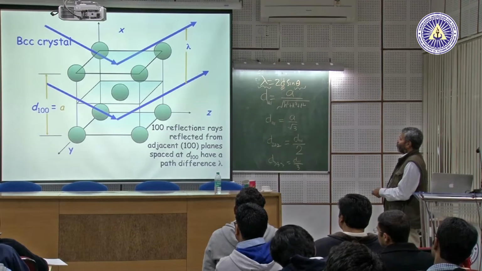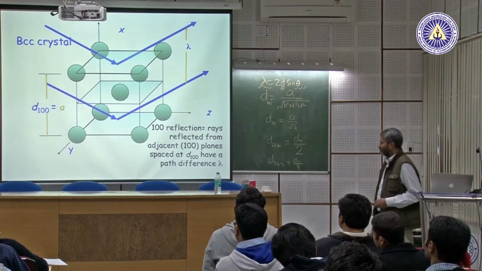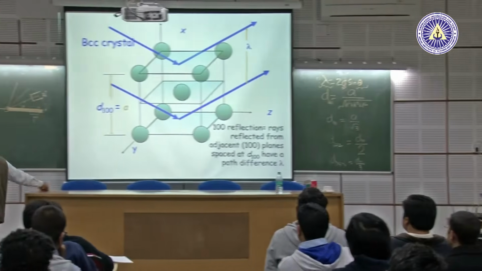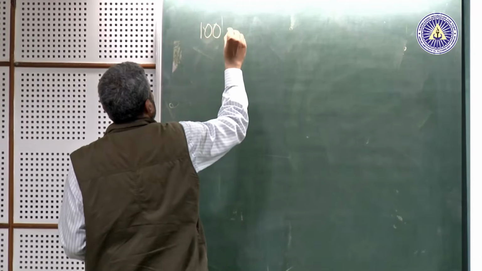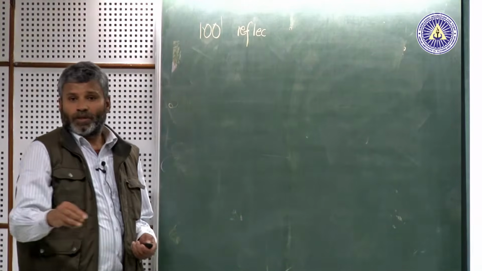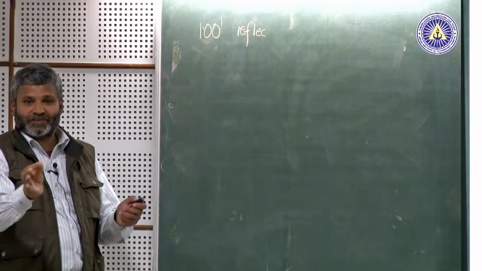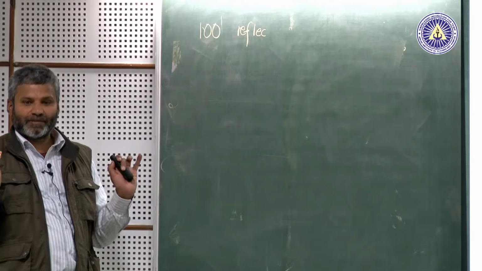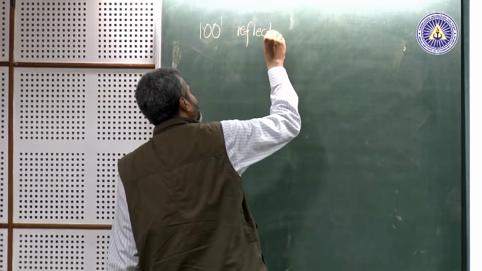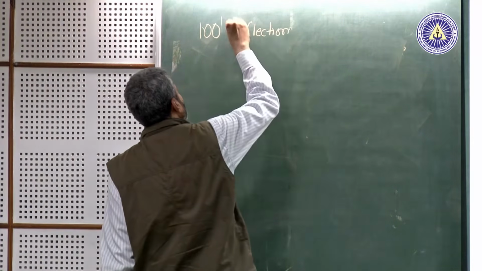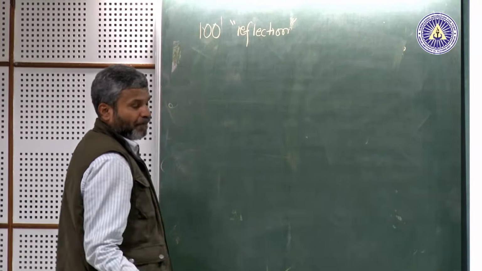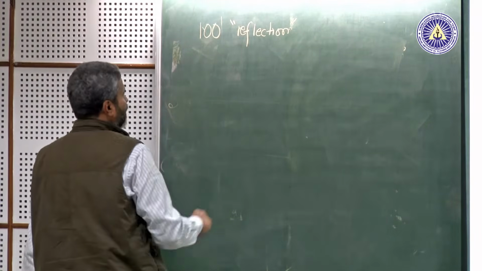Now, I say 100 reflection from a BCC crystal or any cubic crystal. Please, for this class, reflection and diffraction are the same thing, thanks to Bragg and his Nobel Prize. So, I may write reflection or I may write diffraction, but it is always the diffracted beam, which is being called reflection after the discovery of Bragg's law.